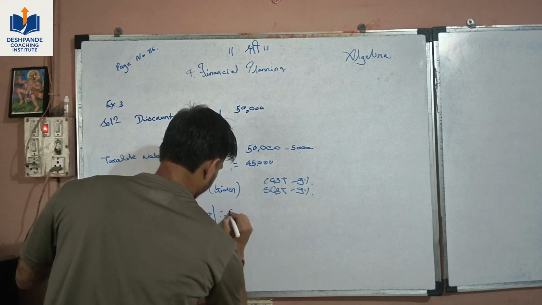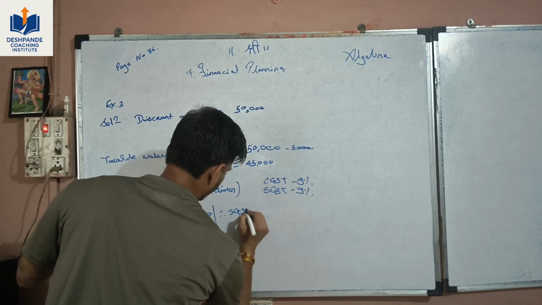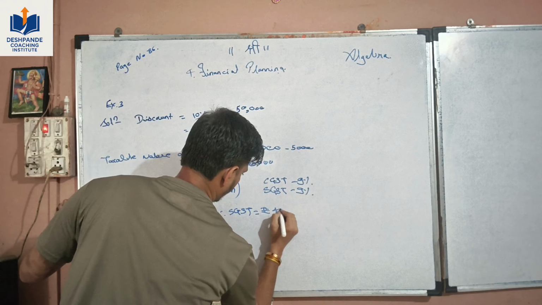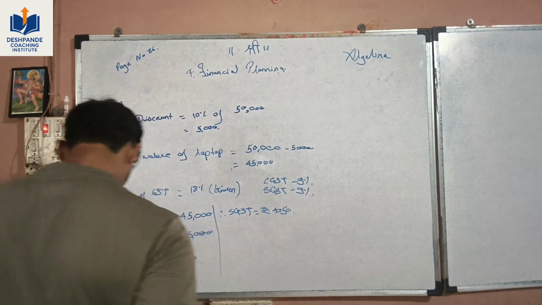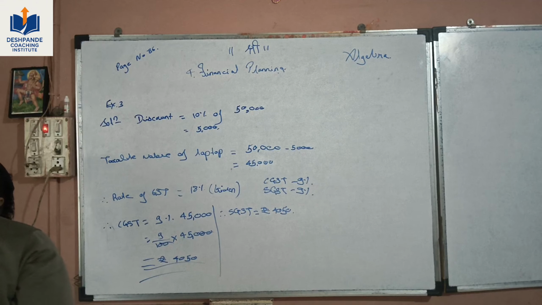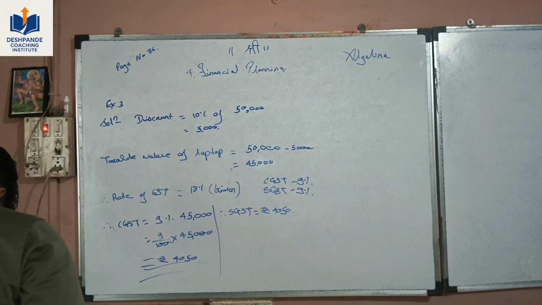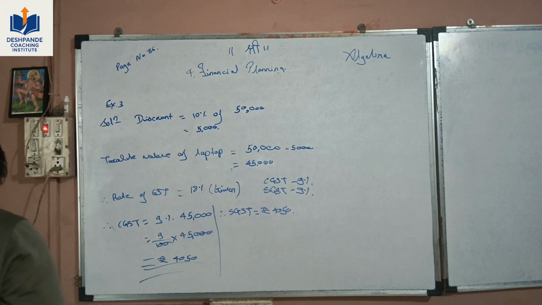If the CGST is rupees 4050, what will be the SGST? I am not solving the SGST, I am writing the direct value. SGST is equal to rupees 4050. So how much amount was paid by the person, Shreyas?